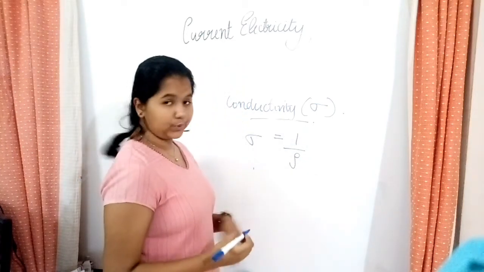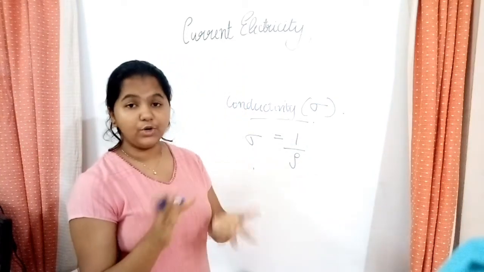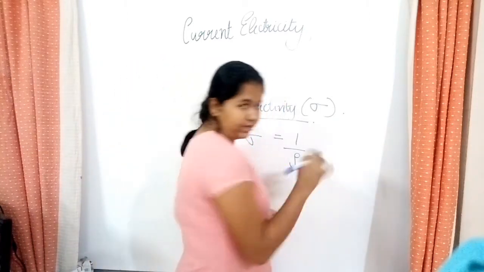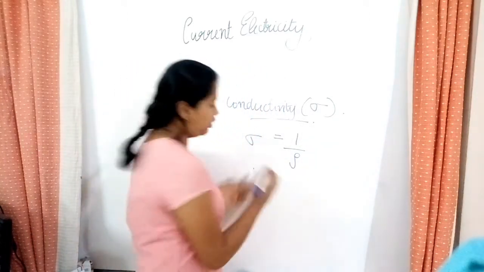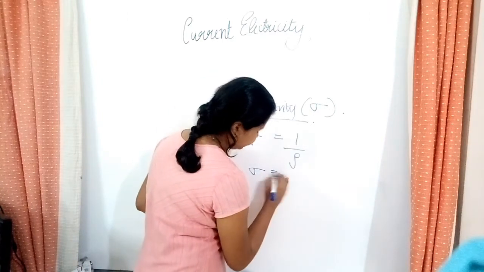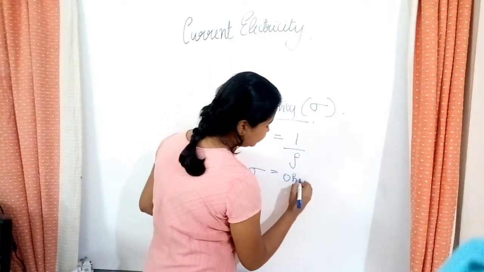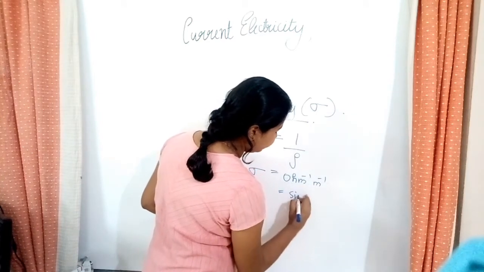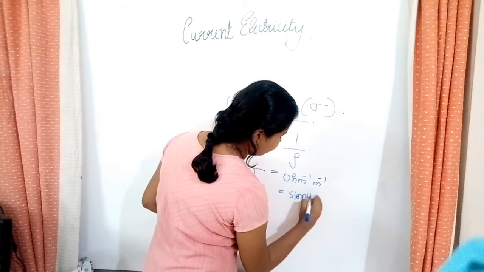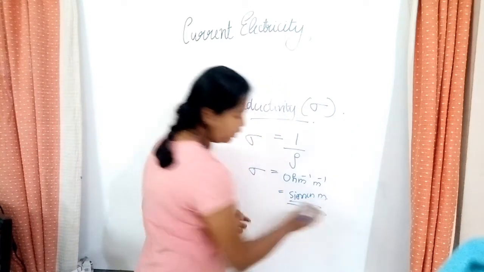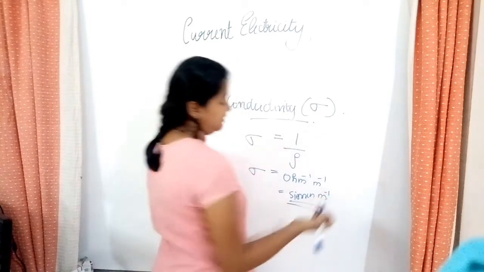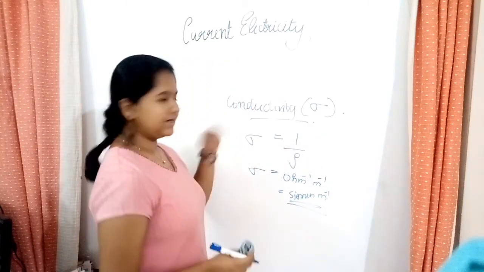What is the unit of rho? That is ohm meter. So what will it become for sigma? Sigma has the unit ohm inverse meter inverse, or Siemens per meter. So this is Siemens meter inverse. That is conductivity.